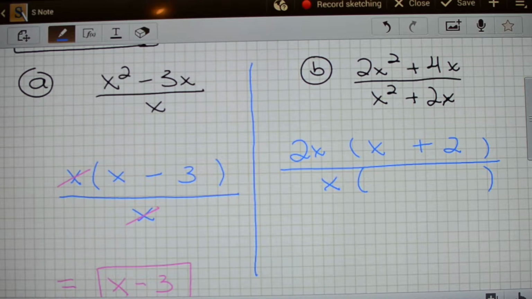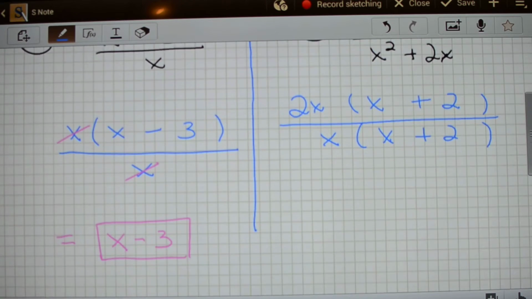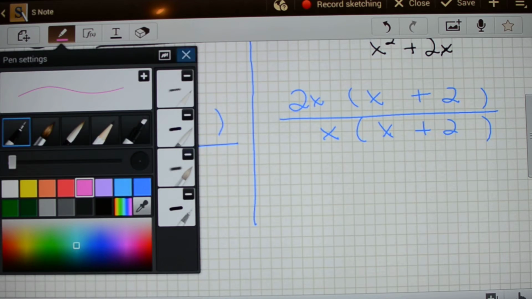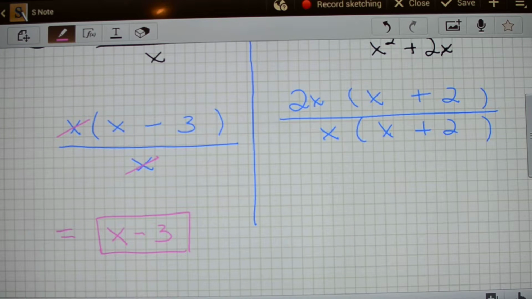We're left with, from this term, one of those x's, and then from this term, the plus 2. Oh, that's awful convenient, isn't it? You'll see a lot of times it works out to be pretty convenient. It's very common to see something like this. We're going to cross cancel those two, and we're going to cross cancel these x's. Isn't that just dandy? We're left with just 2.